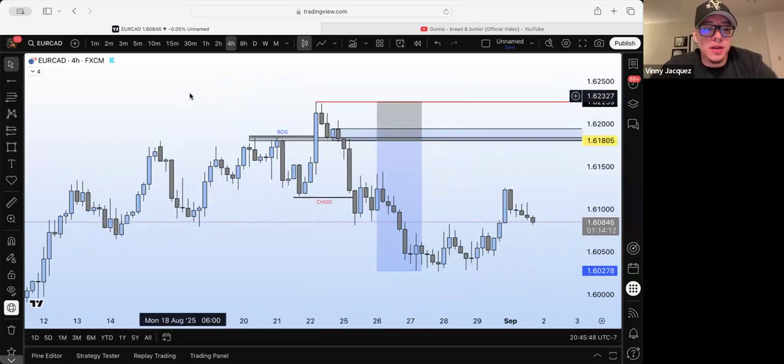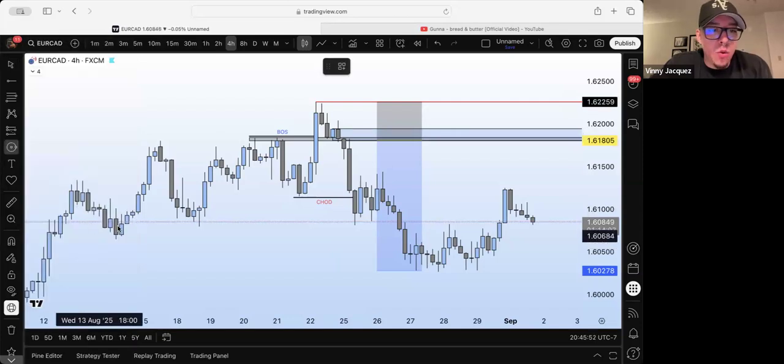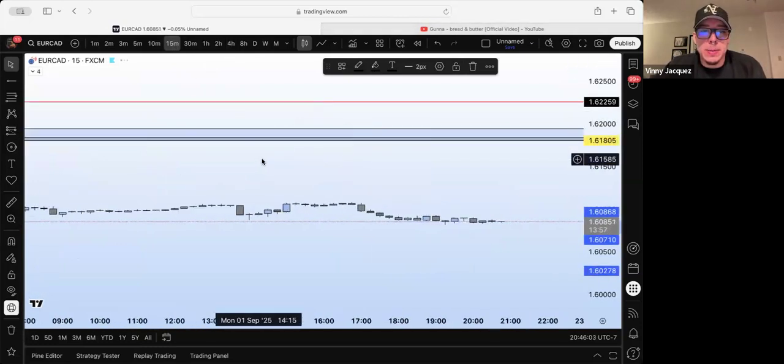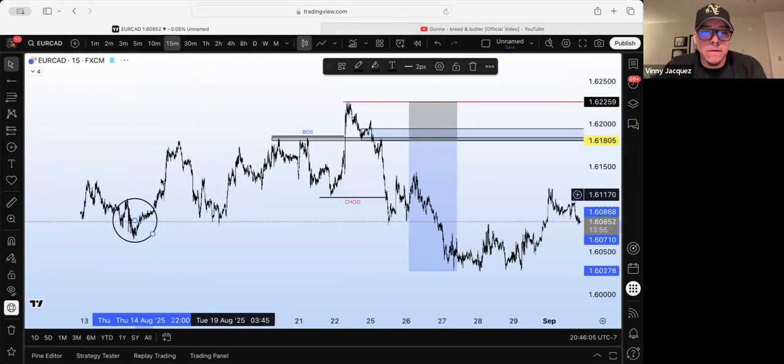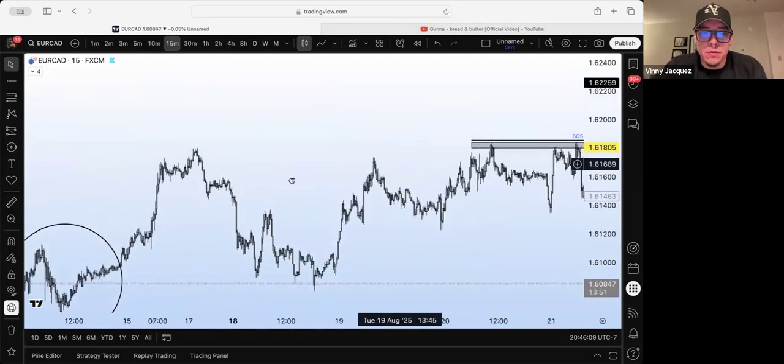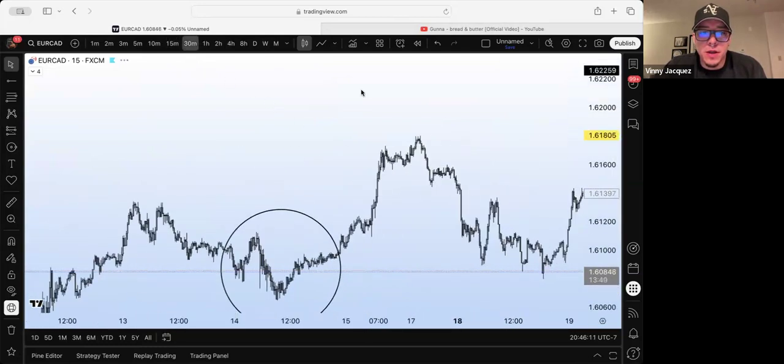Now let's take a look at what happened in here. I'm seeing some type of structure that's happening inside of here. I want to see what the market respected and what the market violated. So let's go ahead and drop down to the 15-minute. Let's go to the 30-minute.